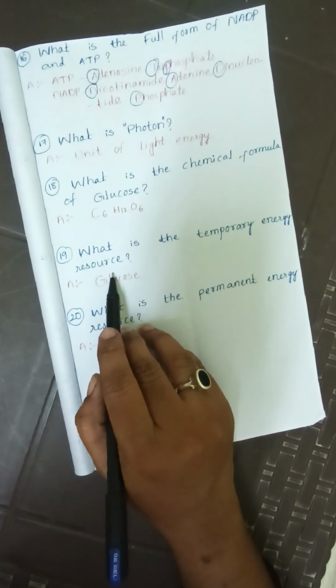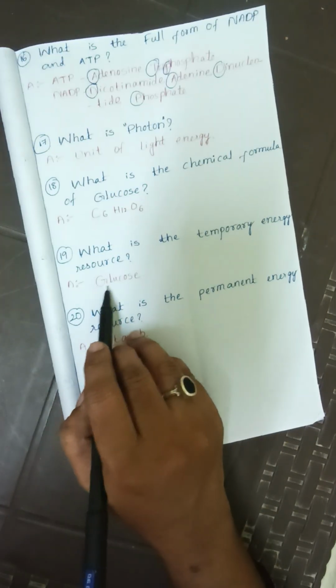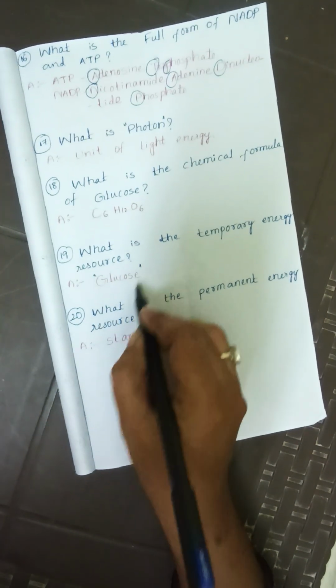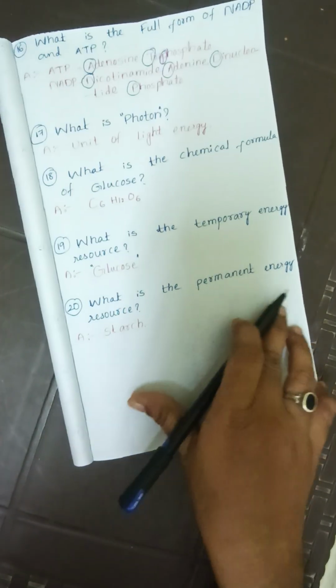19th question: what is the temporary energy resource in the light independent reactions? The end product. The temporary energy resource is glucose. Then what is the permanent energy resource?